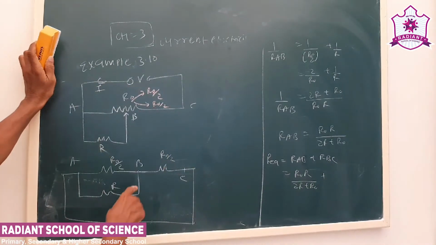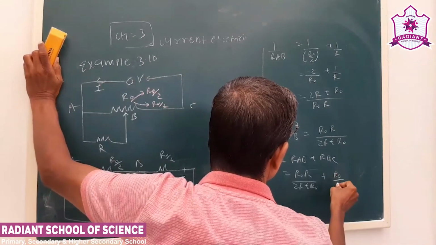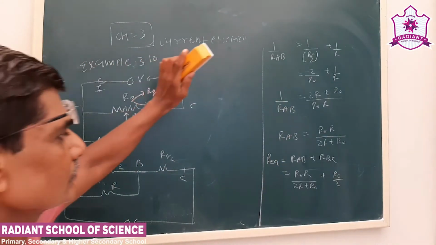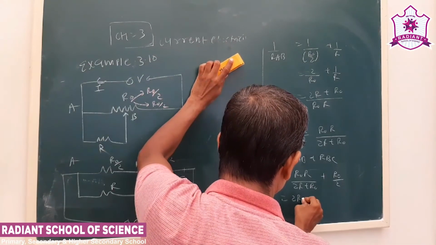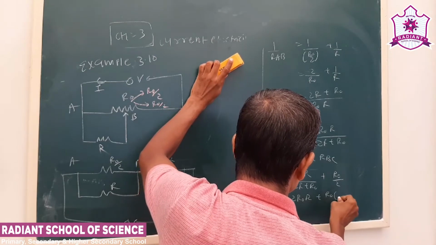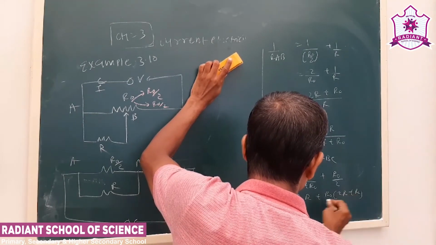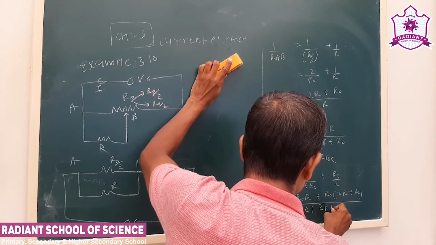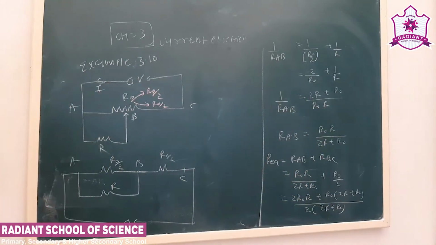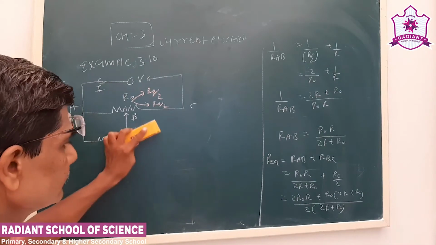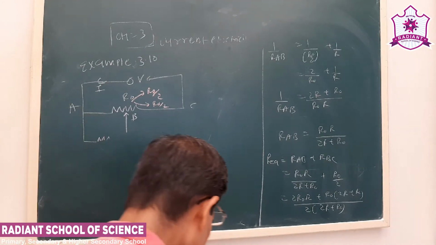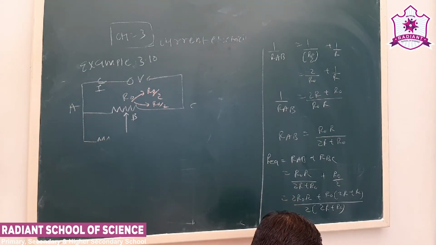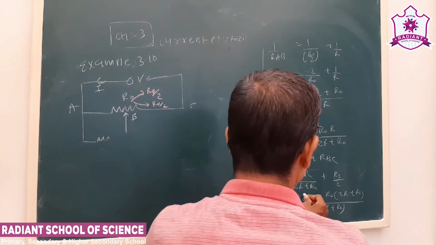RBC we have obtained is R0 by 2. Now we simplify. 2 cross multiply upon 2R plus R. Now how do we solve this? Okay, see, what we can take common here is R0.